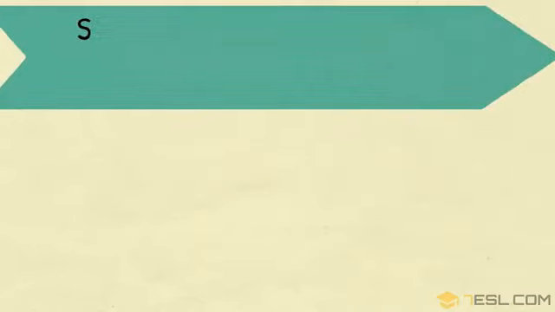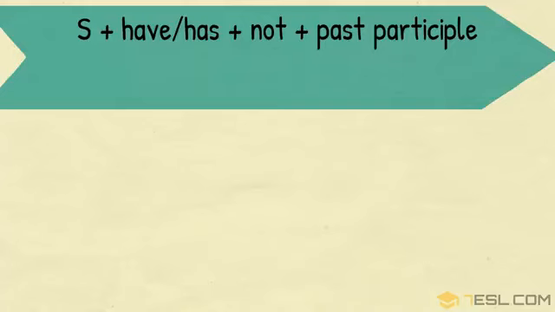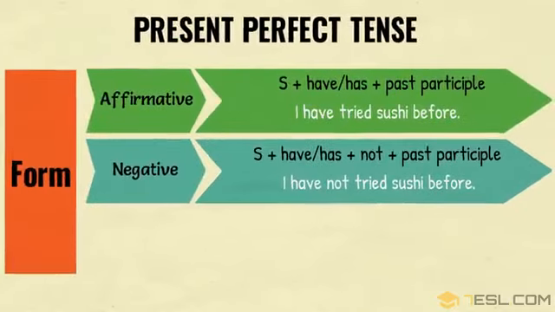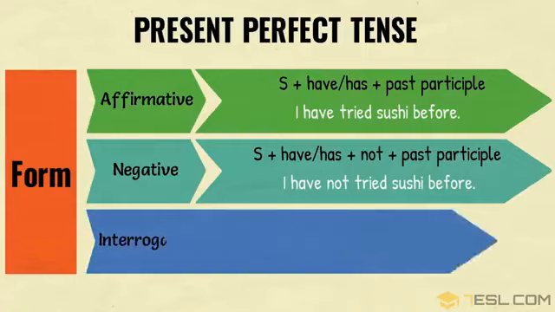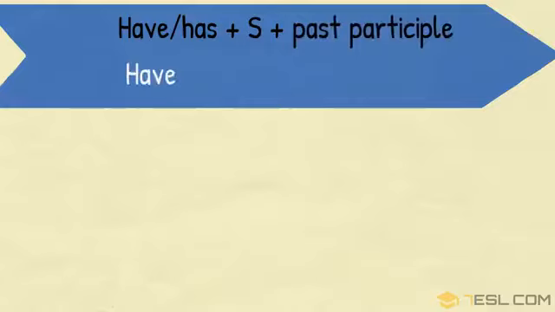Subject plus have or has plus not plus past participle. I have not tried sushi before. Interrogative. Have or has plus subject plus past participle. Have you tried sushi before?